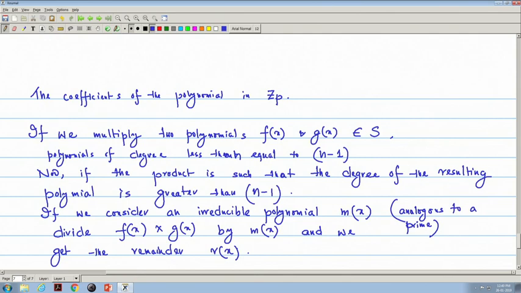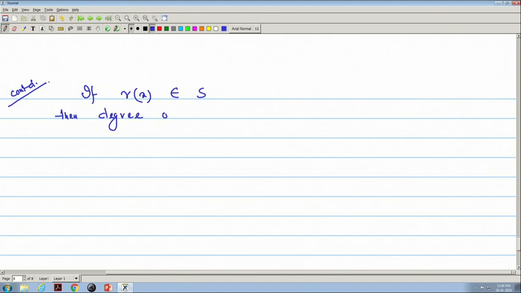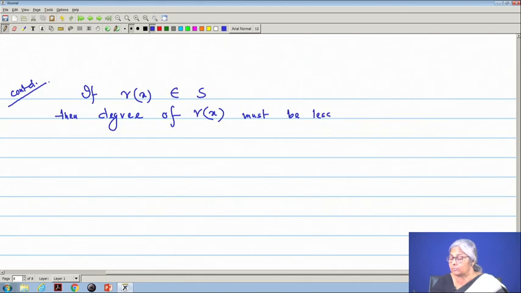If R(x) belongs to S, we want all remainder polynomials to have degree less than or equal to n minus 1, because we have considered the set as polynomials with degree less than or equal to n minus 1.